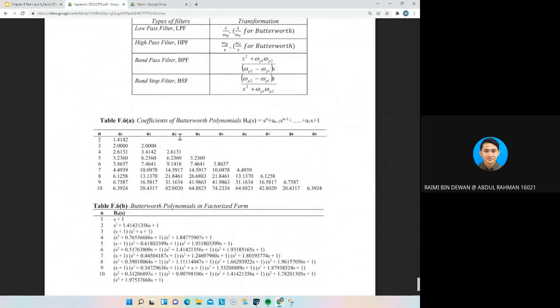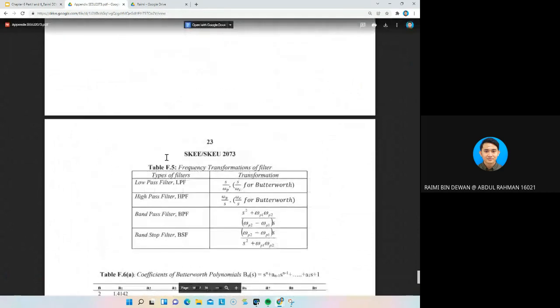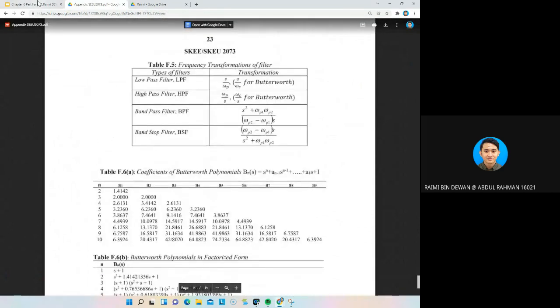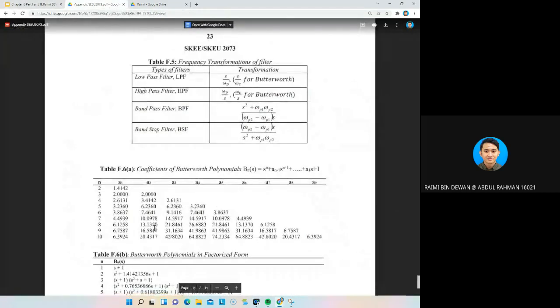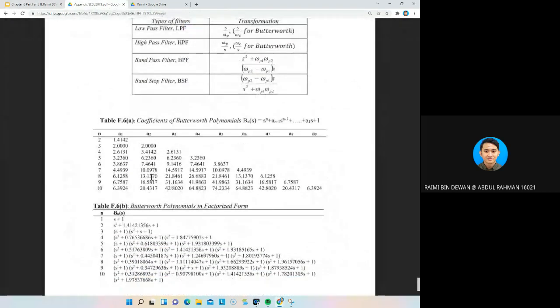I was searching for this. You see here, table F.5. Here we refer to an, and we will have the value of an. Let's say this is your Butterworth, so let's say order filter 2.